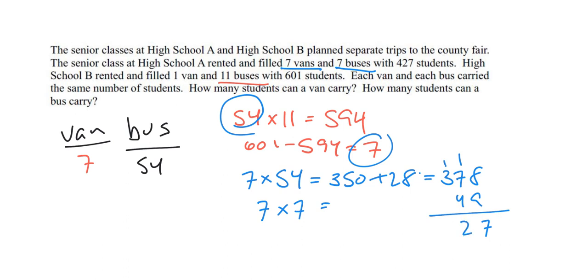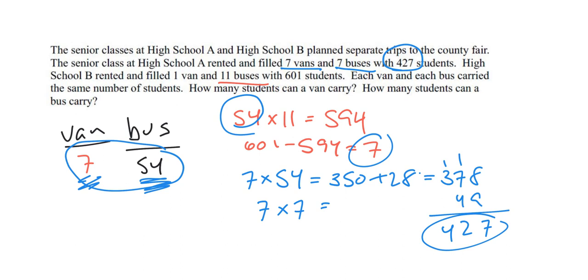That's 12. Carry the 1. That's 427. Hey, look, that works. So this must be right. This is our answer. And we know it's right because if I put 54 people in each bus and 7 people in each van, then that gives me 601 students for school B and 427 students for school A.